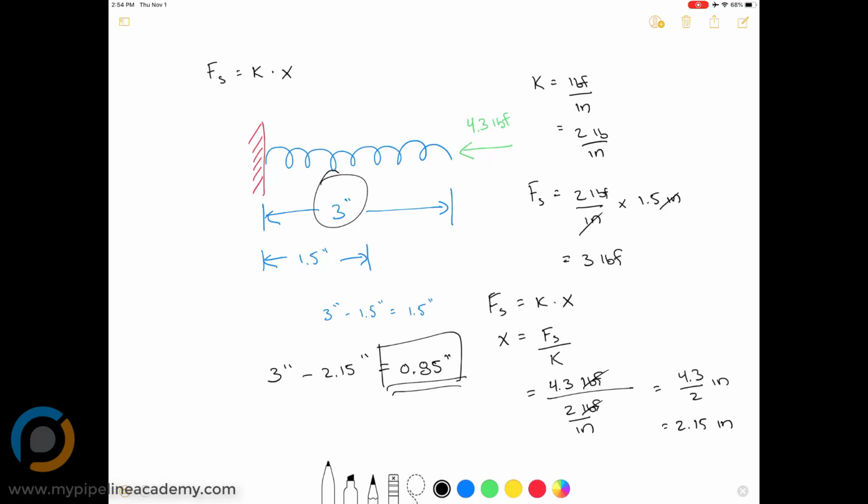Now, of course, this only works up to a certain point, because at some point you're going to end up with a spring that is fully compressed, and you can't compress it anymore because it's just solid material. There's no longer a distance between each spring loop. Your supplier will also tell you what that fully compressed length is, and oftentimes there's a recommended compressed length that is a little bit longer than the theoretical fully compressed length, just to preserve the life of that spring.